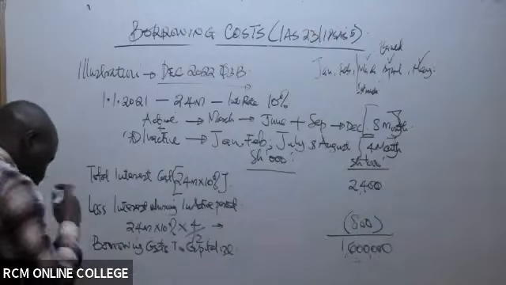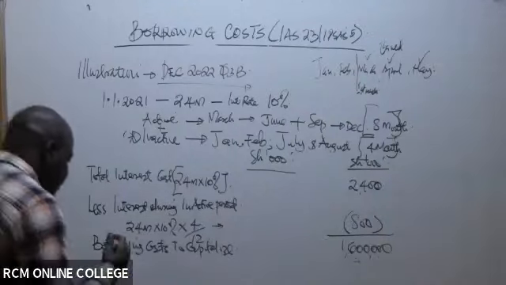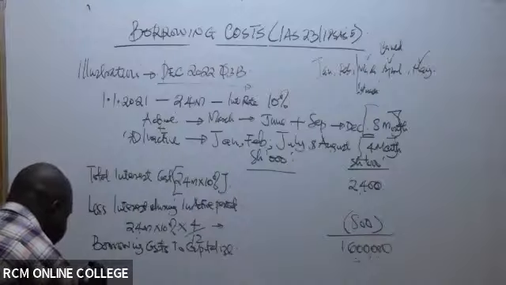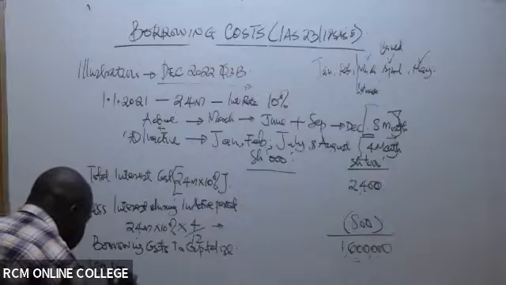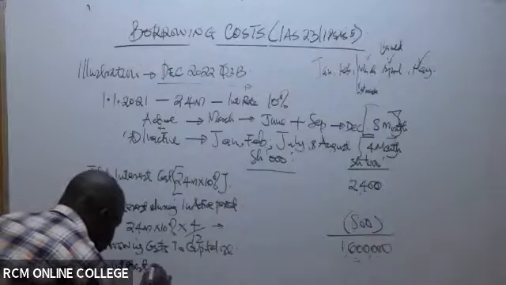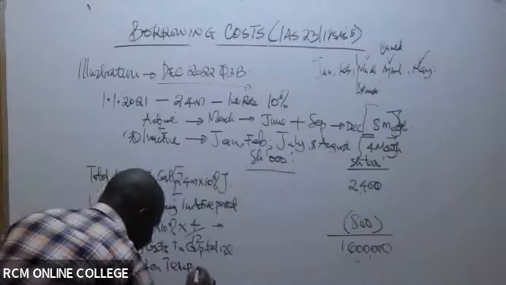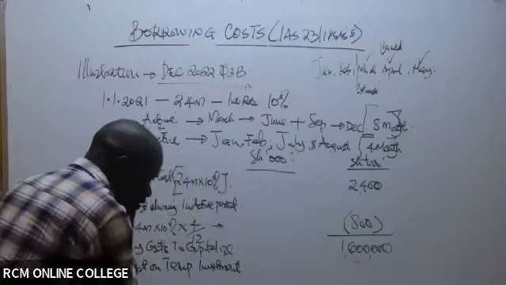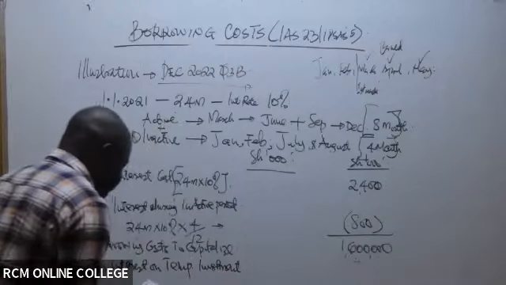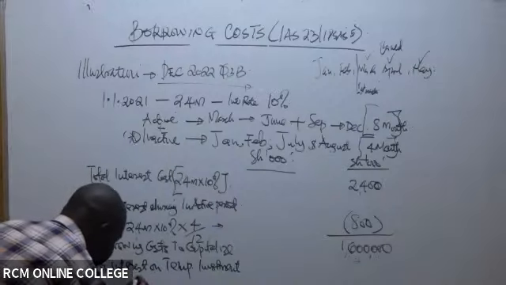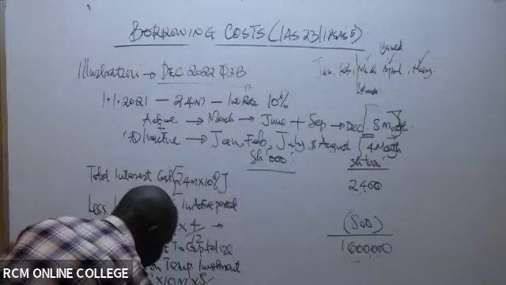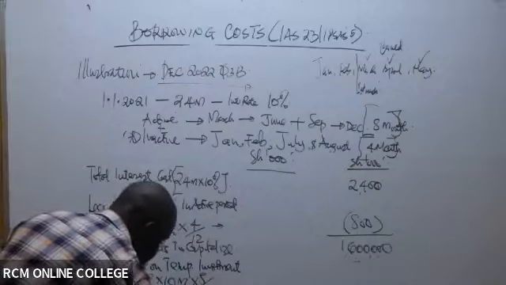So in this case, we have to less the interest on temporary investment. The interest on temporary investment will be 6% multiplied by 10 million multiplied by 5 out of 12?